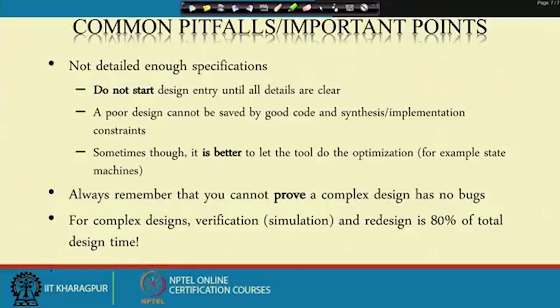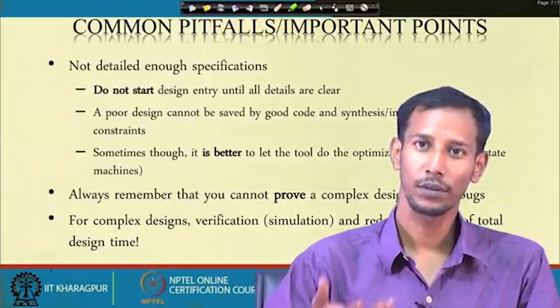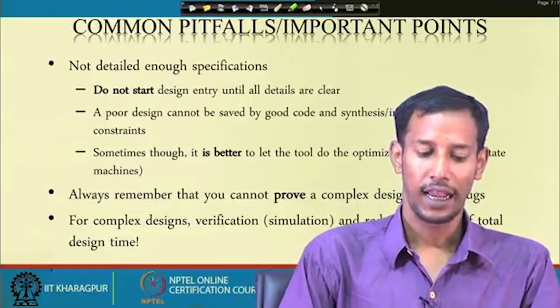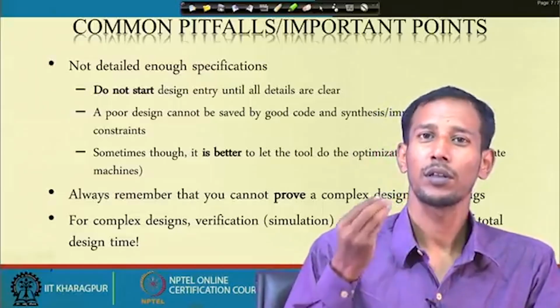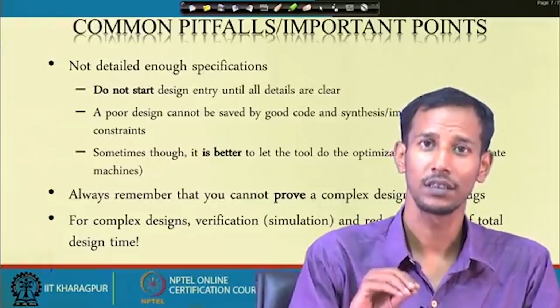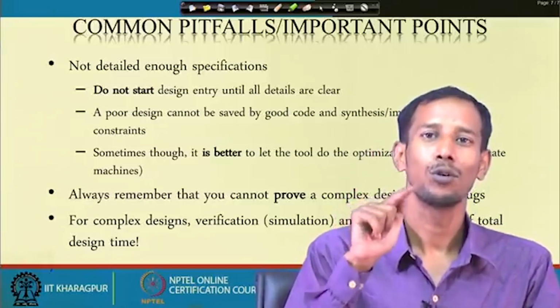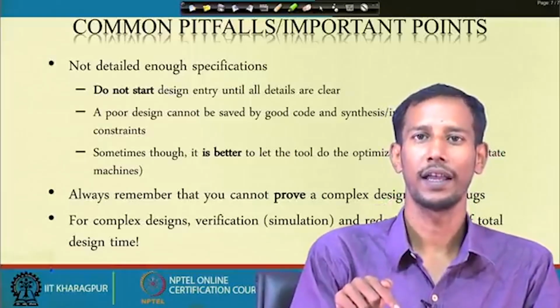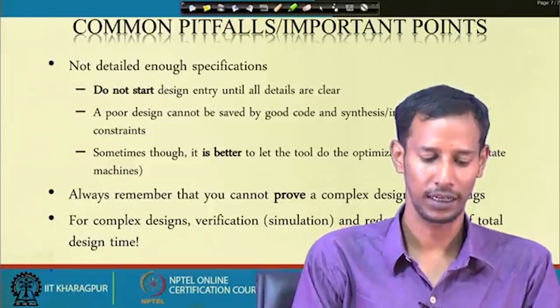That means manual optimization is not always better. Whenever your specification is very clear when you start the system, your target will be set properly, and then you start working to achieve this corresponding target.